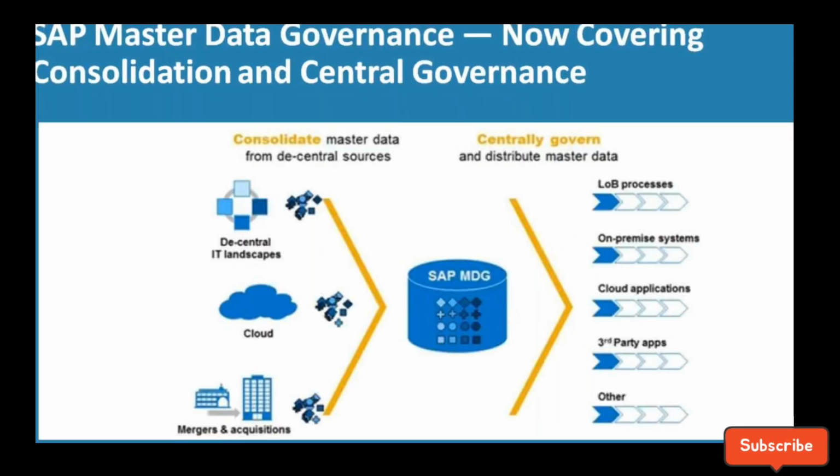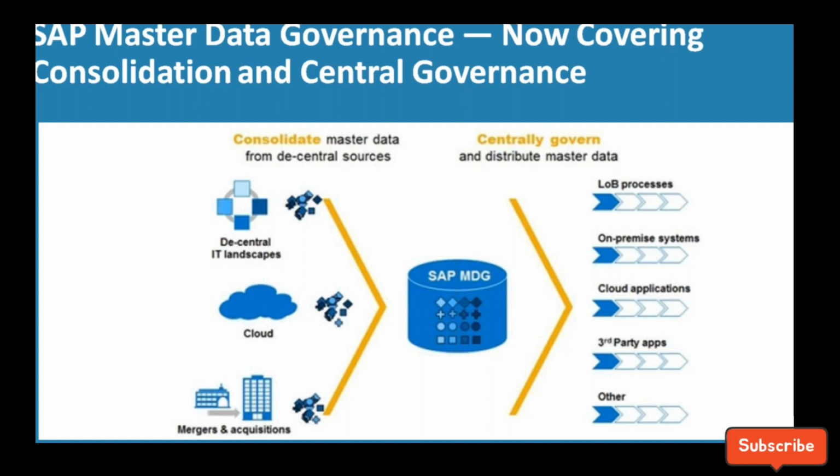Now coming to the next slide, which is master data governance regarding consolidation and central governance. Now remember one thing: nowadays consolidation is a very important topic. And why is consolidation important?